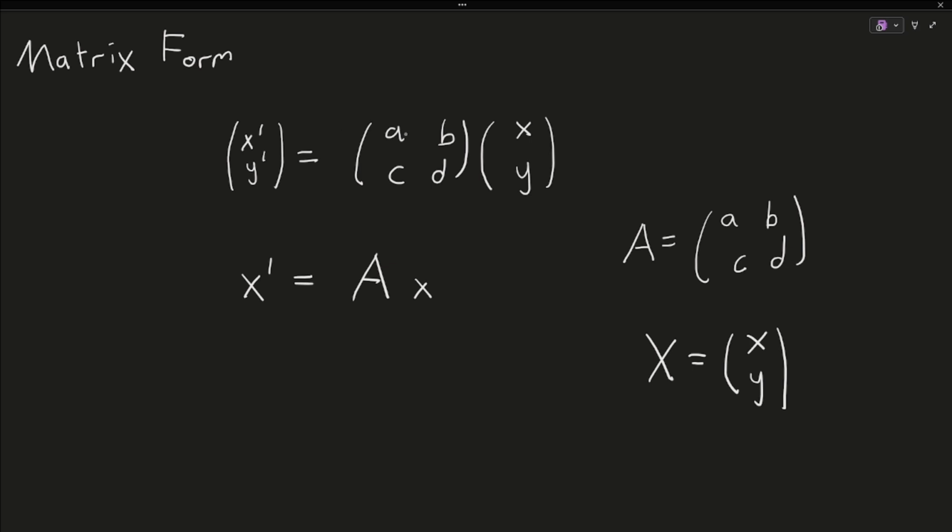The first matrix, a matrix is when we have these brackets, by the way. We want to count how many rows and columns it has. This matrix has 2 rows and 2 columns. So this is why it's going to be a 2 by 2 matrix.